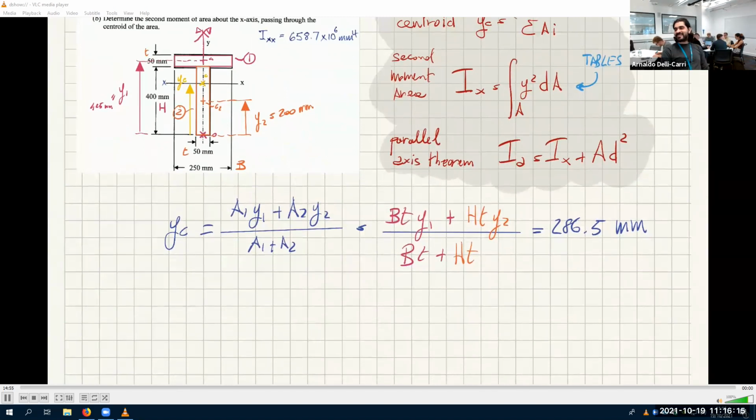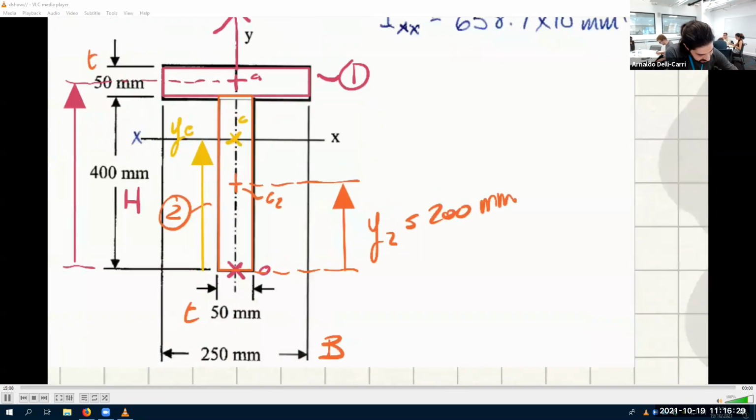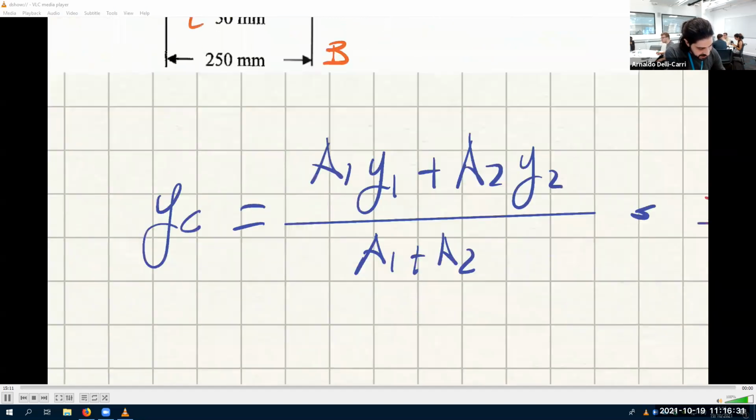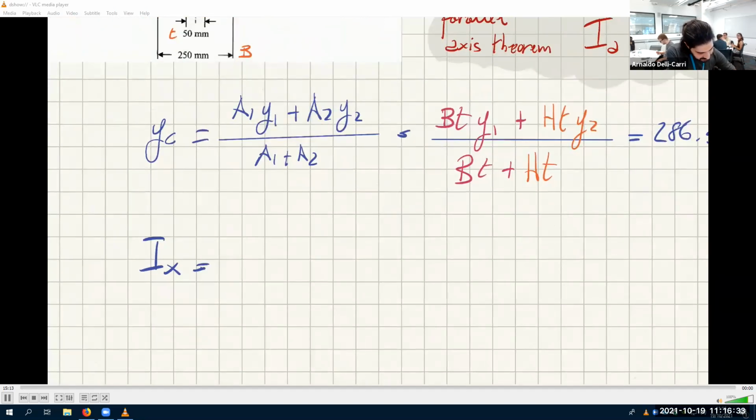So the centroidal second moment of area is just, remember the second moment of area for simple shapes? So we also have that for this case, Ix, where x is this axis here, Ix is Ix of rectangle 1, plus Ix of rectangle 2. It's exactly the same thing that we did for the centroid.